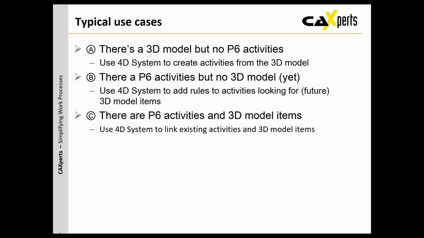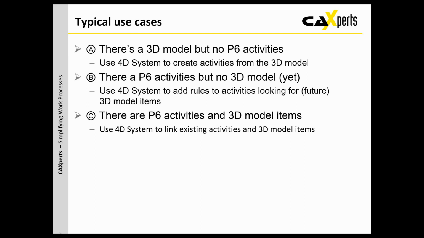So you create the activities in P6 just by assigning rules to your project, and the rules will then filter the items in the 3D model and create the activities in P6. Then use case B is that you have P6 activities but no 3D model yet. So for example, you are an EPC, you know how to build a plant, but the 3D model for the plant isn't there yet.